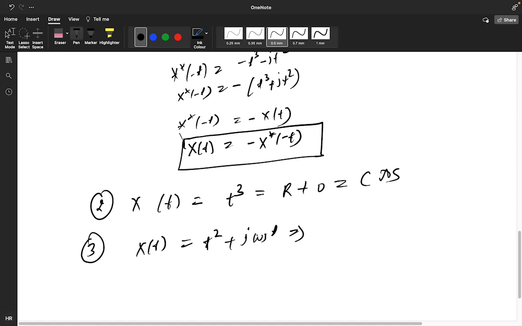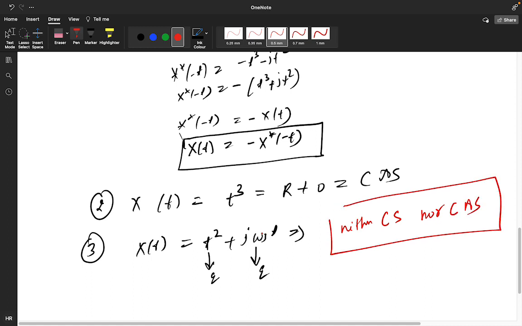So this is the combination of even and even, so it is neither conjugate symmetric nor conjugate anti-symmetric.